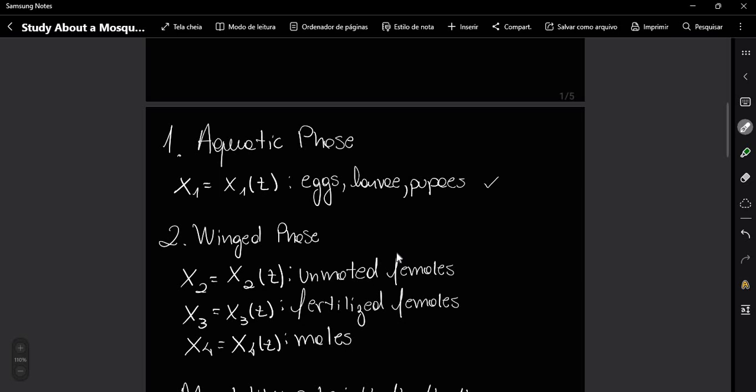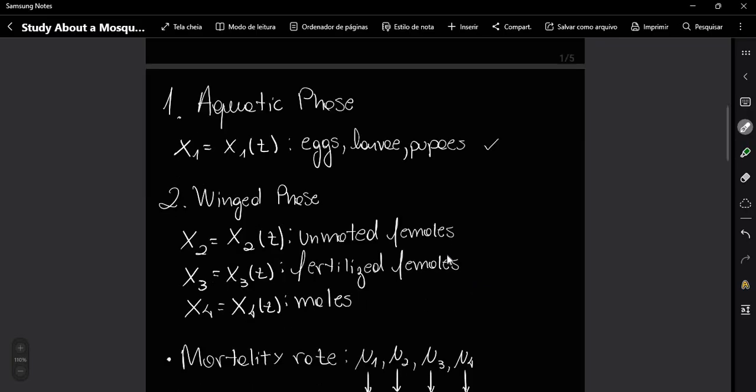We got the aquatic phase and the winged phase. So this is a problem not only of a system of equations itself, but also a problem with a context that we need to interpret in order to elaborate a solution. Okay, so let's revise this.